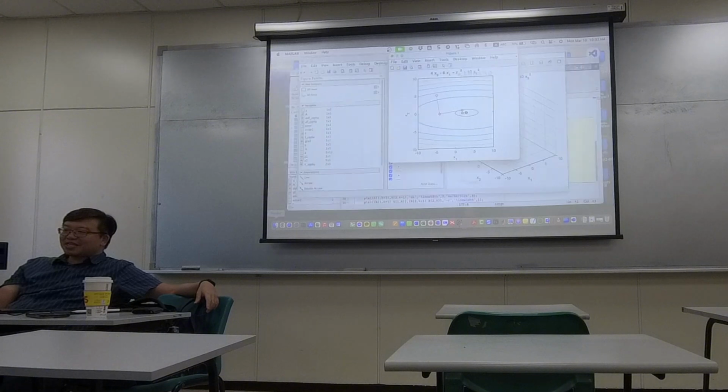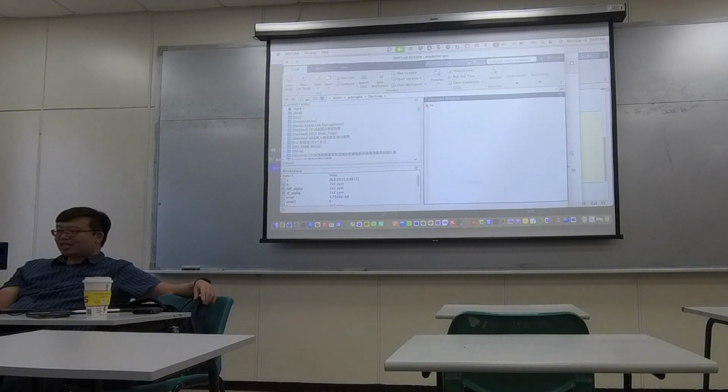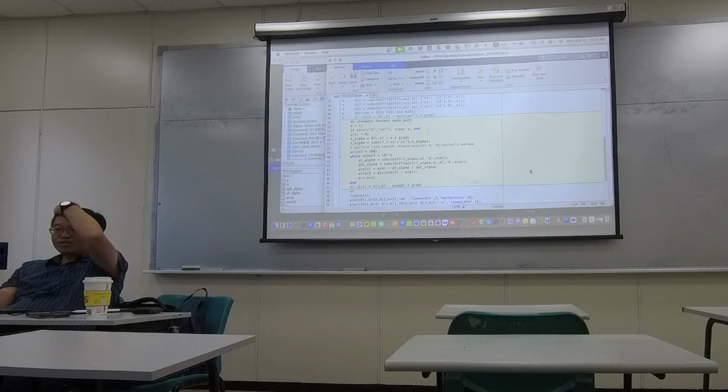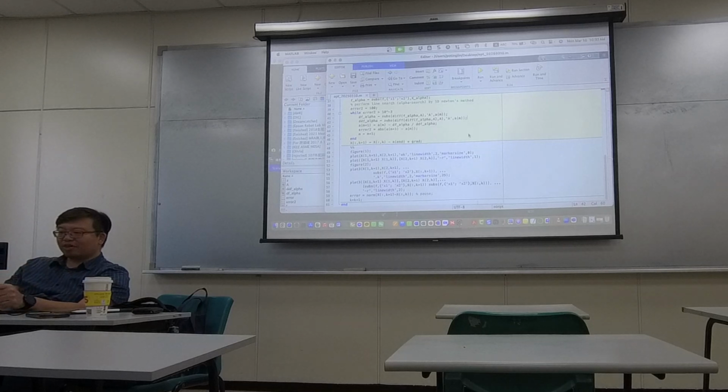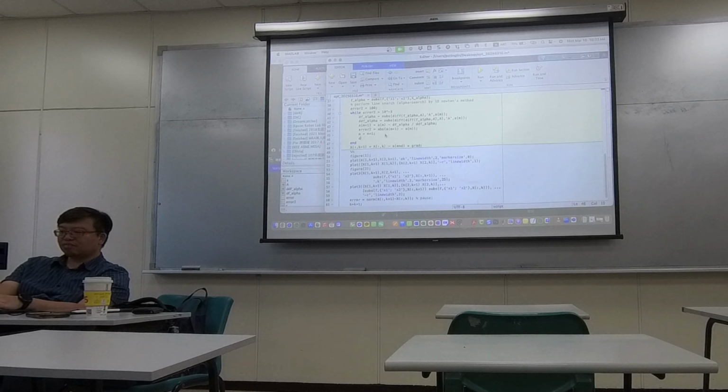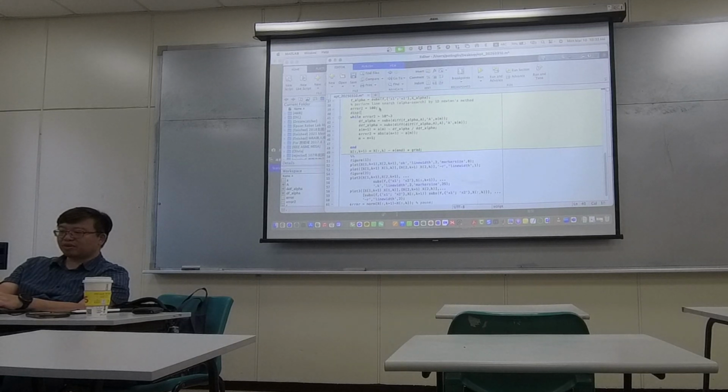Okay, let's see how many iterations it did. I never plotted out the solution last time, so let me do that. Right here, at the beginning, I will display and say this is the line search.